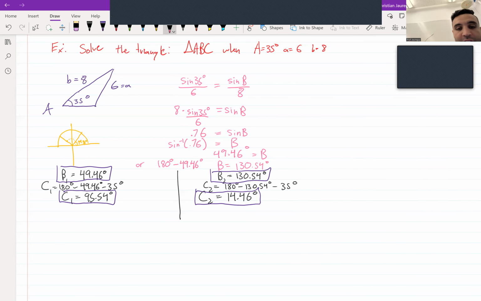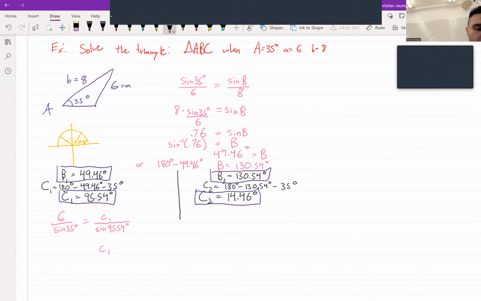So to find little c, I do the same thing that I did in the last problem. I use law of sines. So I'm going to say 6 over sine of 35 degrees equals little c1 over sine of 95.54 degrees.